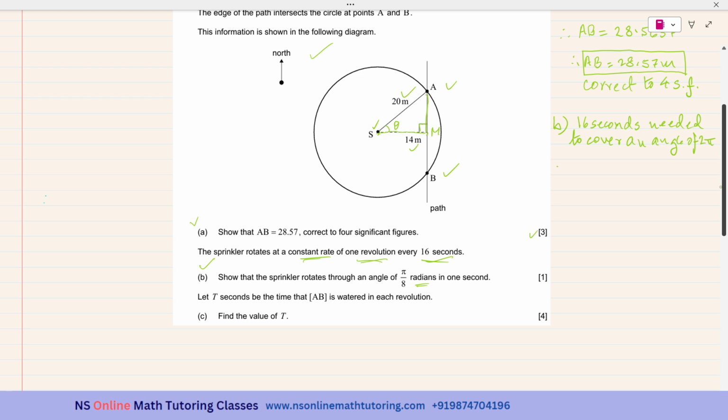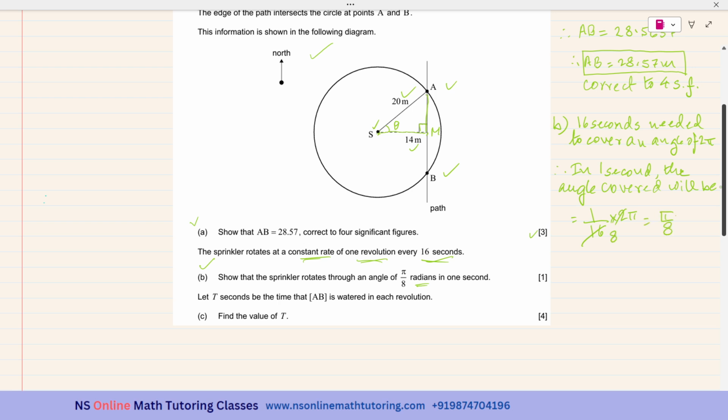Therefore, in 1 second, the angle covered will be equal to 1 over 16 times 2 pi equal to pi over 8 radians.